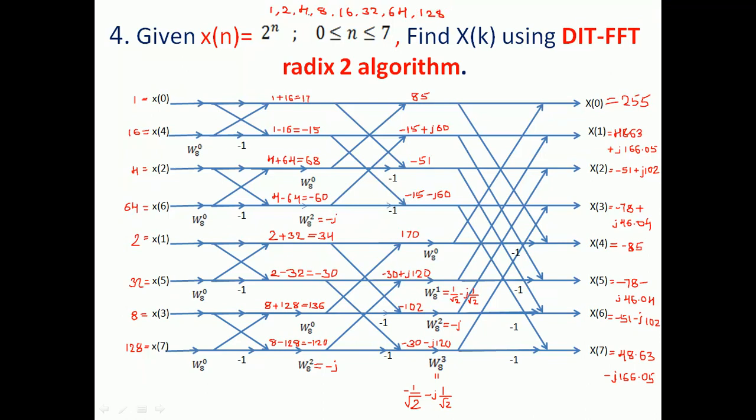So this is x of 0, x of 1, x of 2, x of 3, x of 4, x of 5, x of 6 and x of 7.